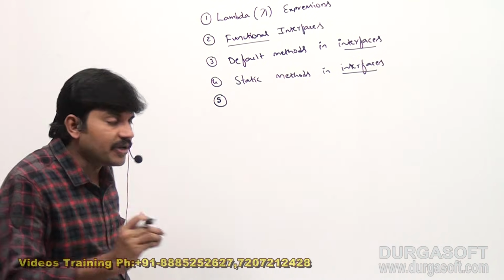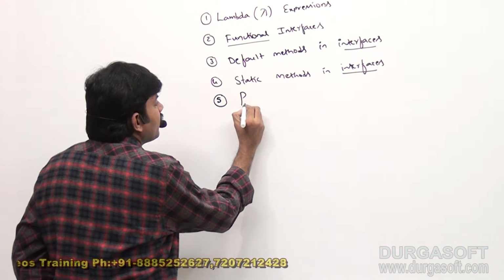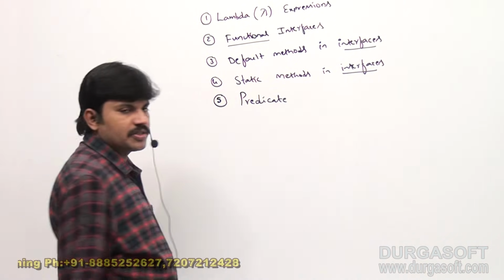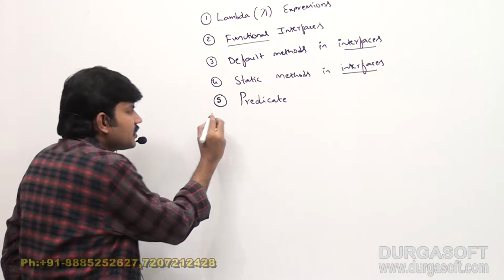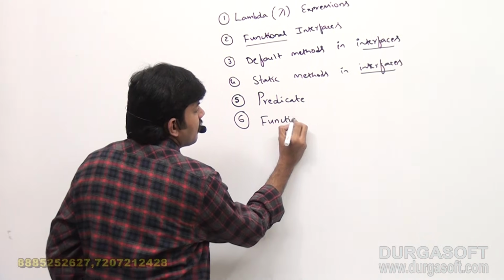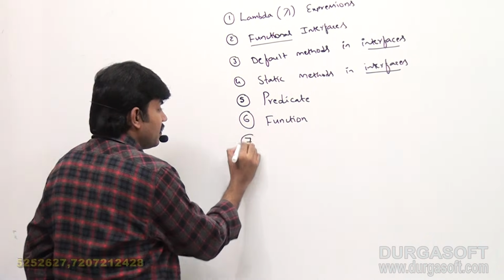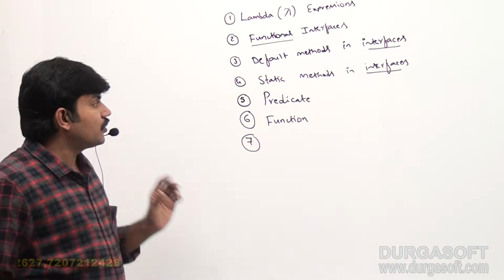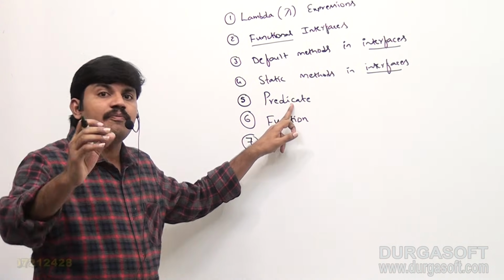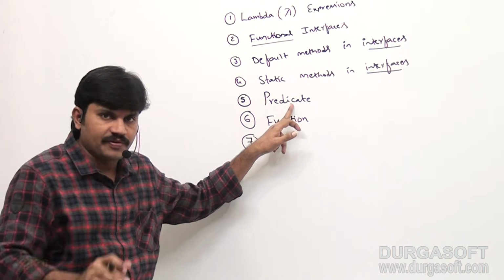What are the standard predefined ones? The first one is Predicate, and the second one is Function. How to use Predicate? Predicate is a predefined functional interface.